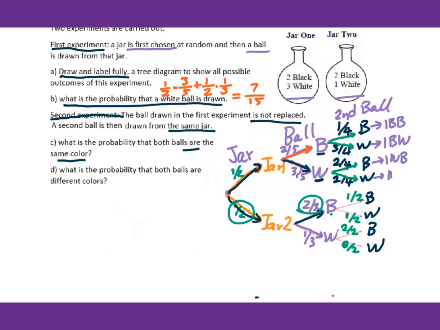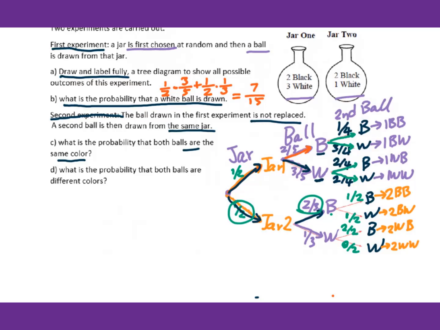Draw 1 white, white. From draw 2, you get draw 2 black, black. Draw 2 black, white. Draw 2 white, black. Draw 2 white, white.